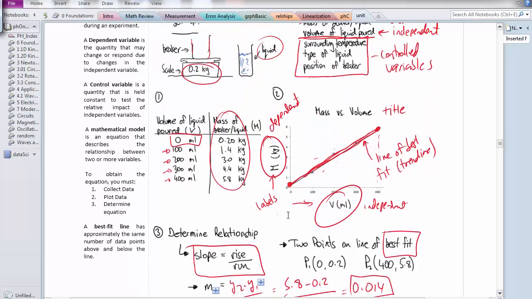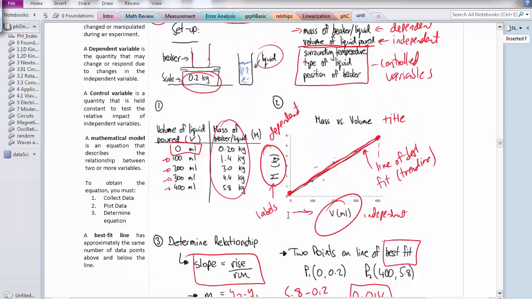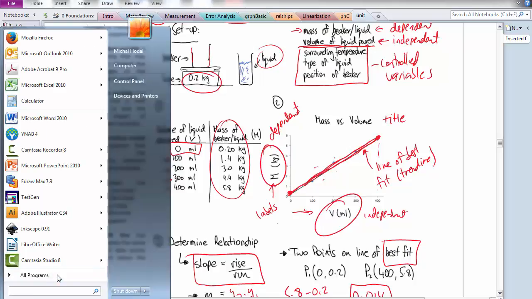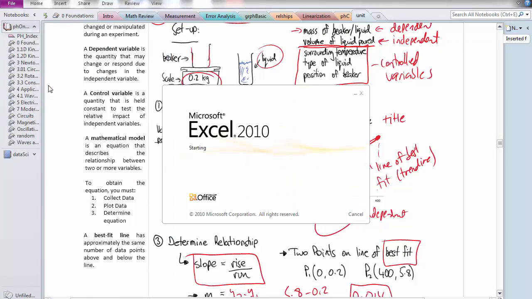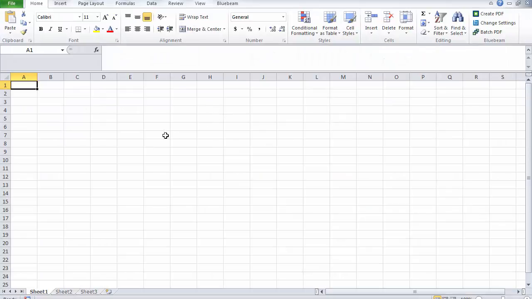Okay, now I'm going to quickly show you how to do this on Excel as well, because that's a very important skill that you need to know. So on your computer, you need to open up Excel. There it is. When you open up Excel, the way this works is, and we'll have lots of practice with this, so don't worry if you don't get it the first time, but the way Excel works is on the left side you always have to put your X values, and on the right side you always put your Y values.